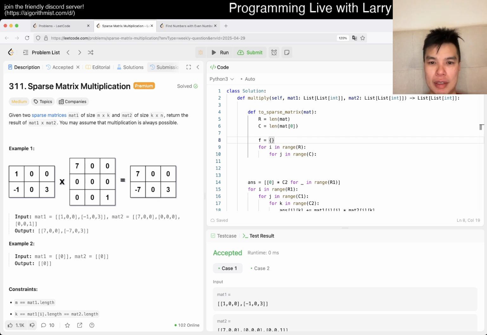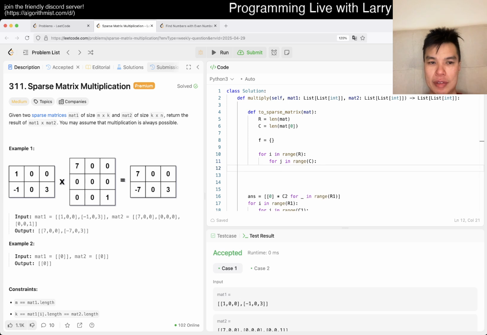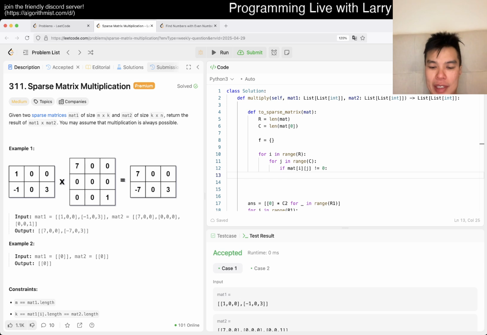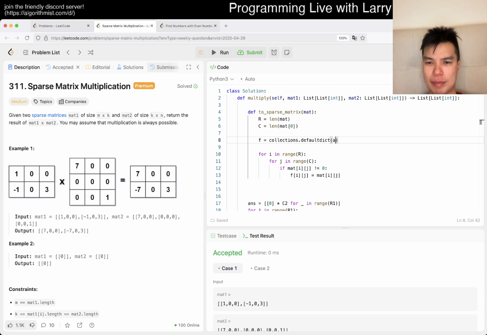If matrix of ij is not equal to 0, then we create it. So we can have something like f of i of j is equal to matrix of i of j, and maybe I'll write it as a collections defaultdict, or I guess Counter is fine too.